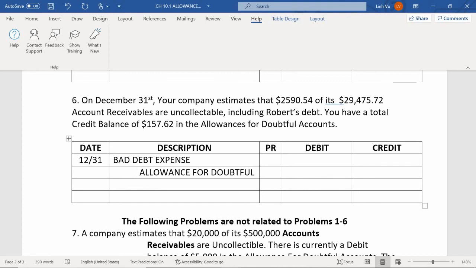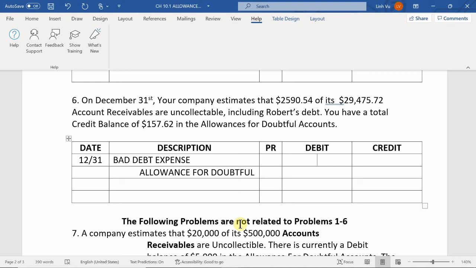What numbers are we going to use to determine the amount we need to journalize? If it's estimated that $2,590.54 is uncollectible, which includes Robert's debt, and the allowance for doubtful accounts currently has a credit balance of $157.62, are we doing 2590 minus the 157?